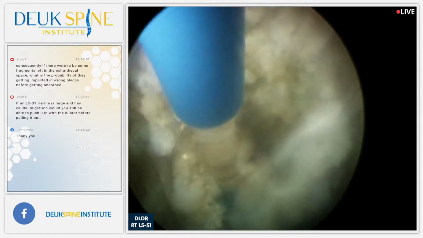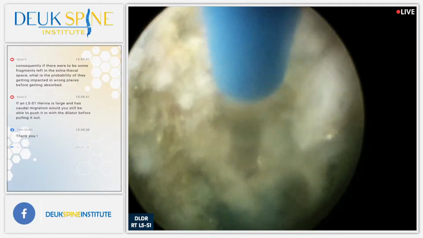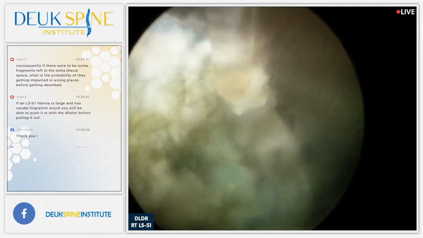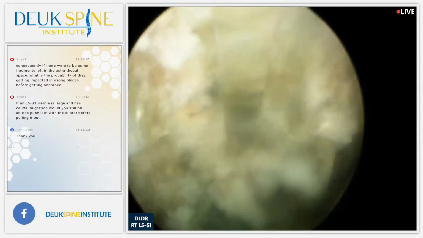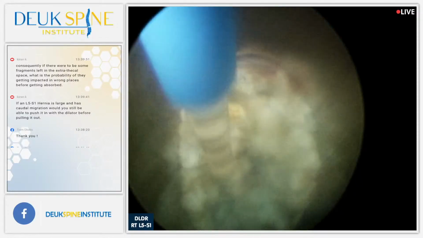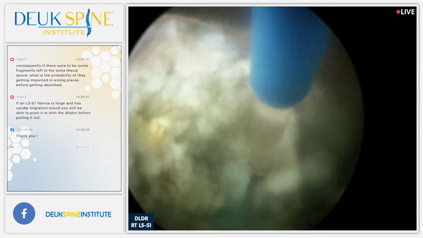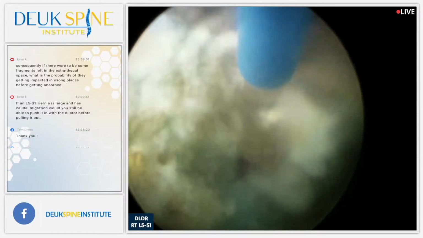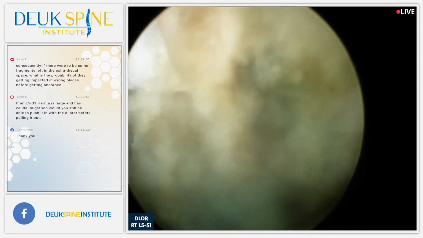Now, I used to do just fusions a long time ago, because that's what I was taught in my training. But then I learned about endoscopic surgery, and then I learned about lasers, and then I started putting the two together, doing what you're seeing right now. 17 years ago I started doing this surgery, and lo and behold, my first patient, when they woke up, I said, "How's your leg pain?"